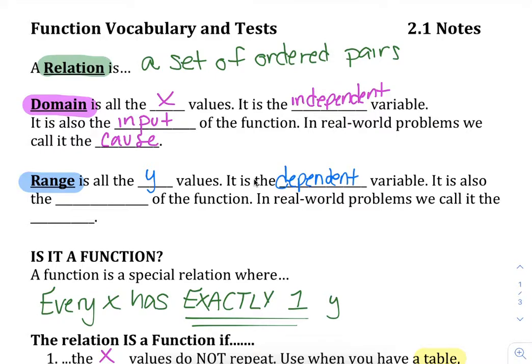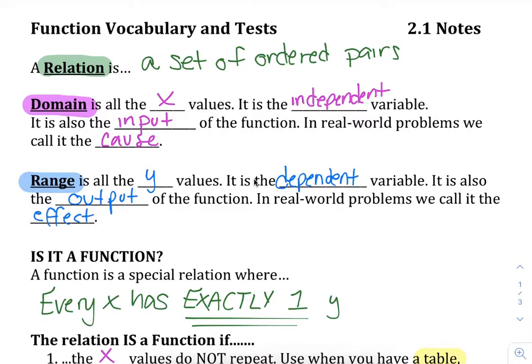Just like we said with the Coca-Cola machine, whatever I put in for my dollar amount, what I get as my output is the range. So my y's are the outputs in the function. Okay. Finally, the partner word for real-world situations, we would call that effect. If the x causes something to happen, the y is the effect that takes place.